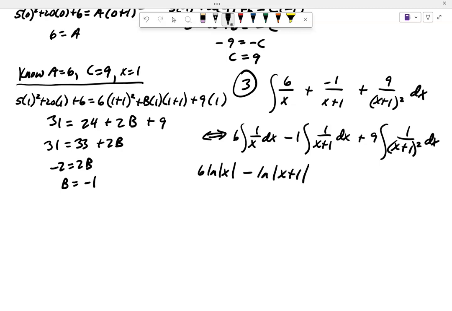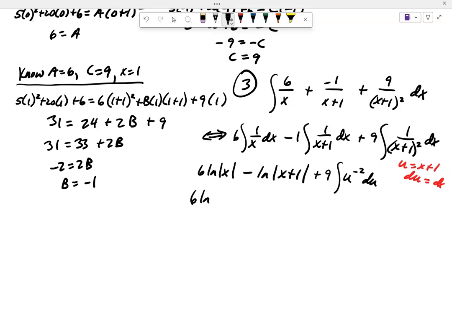All right, I'll let u be that x plus 1. Now here, notice when I let u be x plus 1, du is dx, right? So I have 9 times 1 over u squared, or u to the negative 2 du, right?